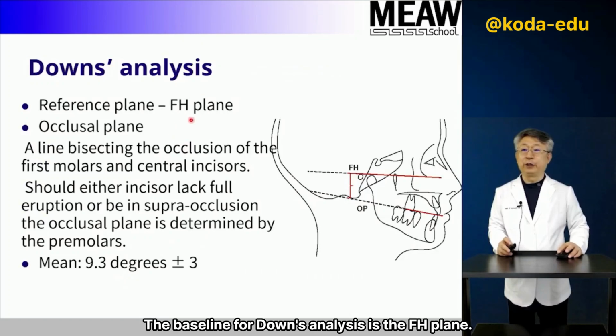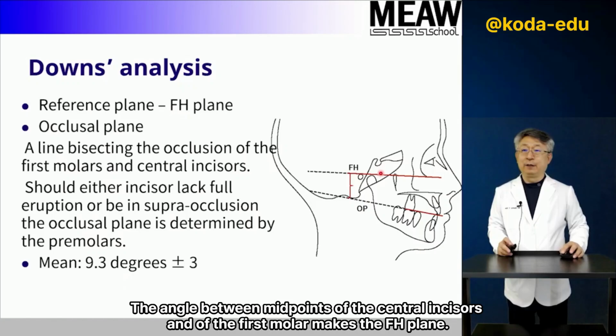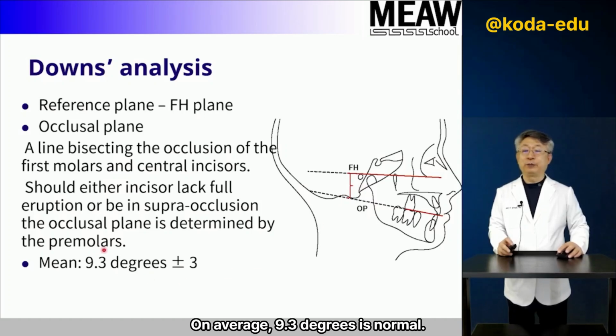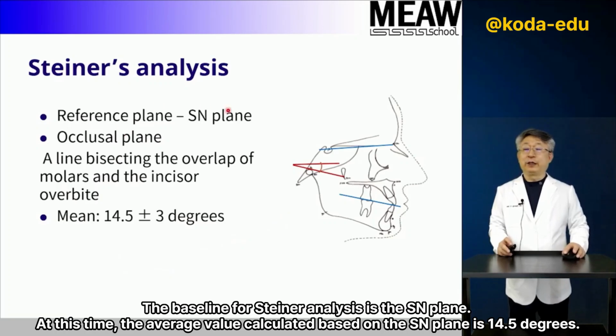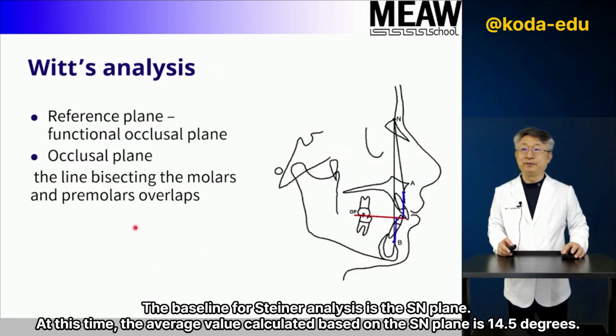The baseline for Downs analysis is the FH plane. The angle between the midpoints of the central incisors and of the first molar makes the FH plane. On average, 9.3 degrees is normal. The baseline for Steiner analysis is the SN plane. At this time, the average value calculated based on the SN plane is 14.5 degrees.